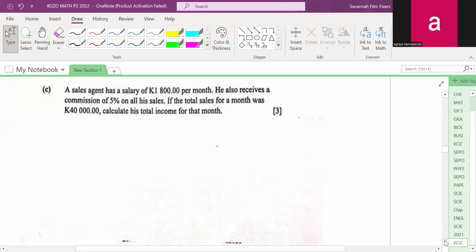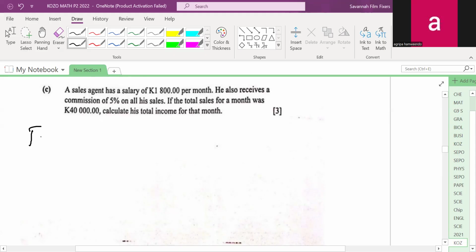So question C: a sales agent has a salary of 1,800 per month. He receives a commission of 5% on all his sales. If the total sales for a month was 40,000 kwacha, calculate his total income for that month.